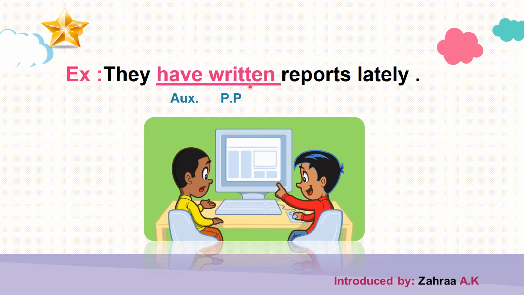And written is the past participle of the verb write. عند الفعل write يكون wrote بالpast and written in the past participle. So it becomes: they have written reports lately.